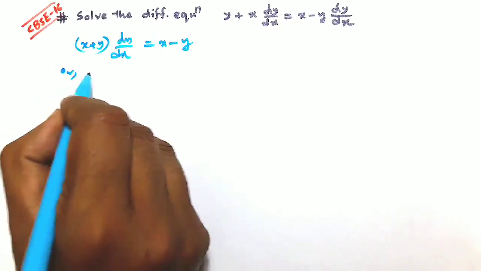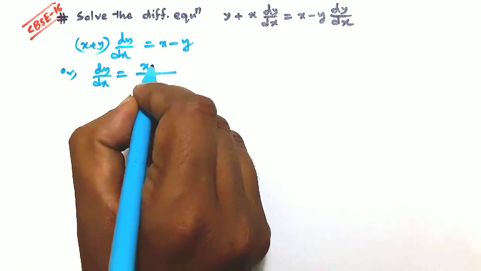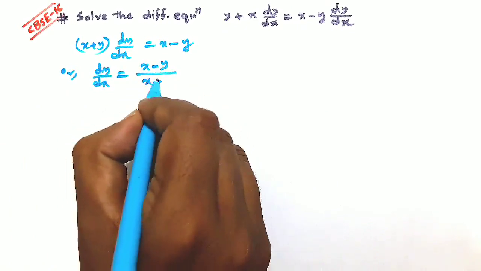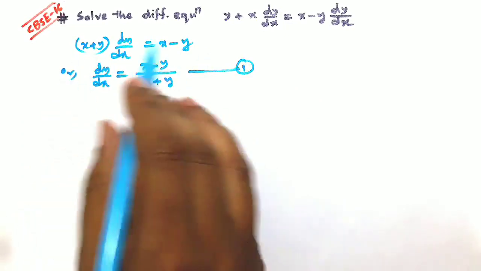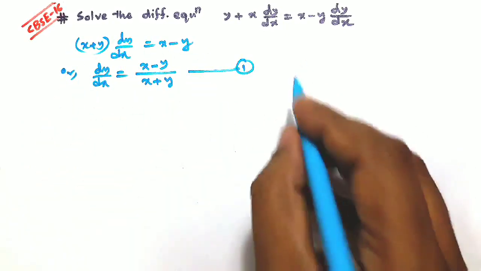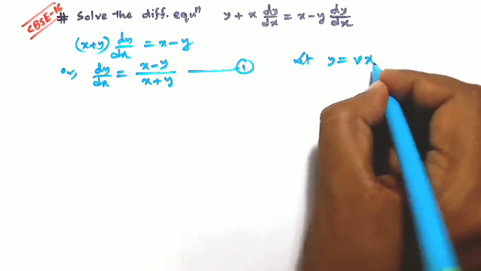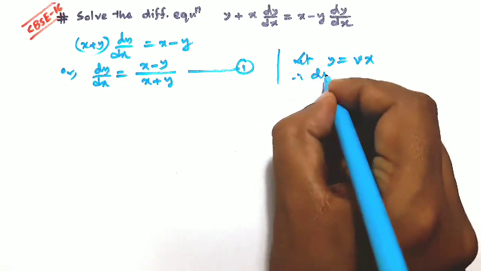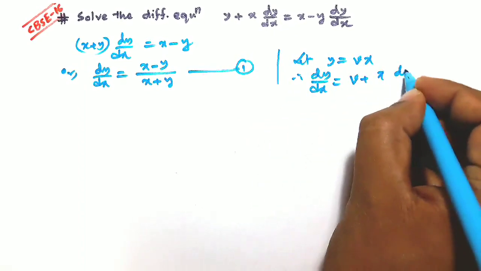So we can write dy dx is equal to x minus y upon x plus y. Mark it 1. And this is a homogeneous differential equation. So in homogeneous differential equation, the substitution will be y is equal to vx. Therefore dy dx is equal to v plus x dv dx.